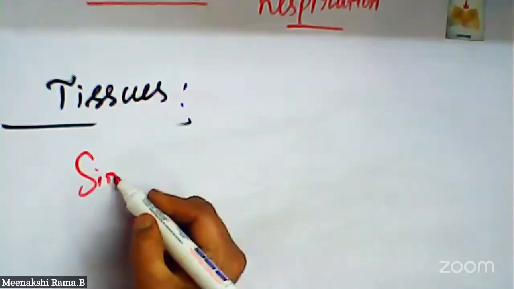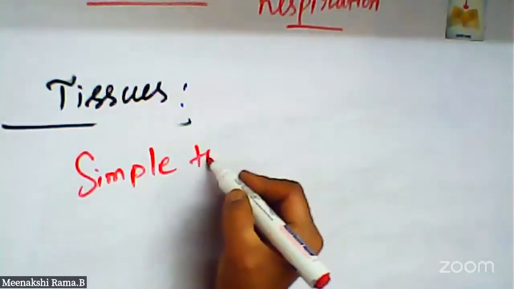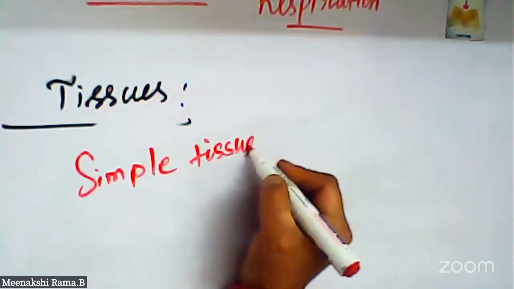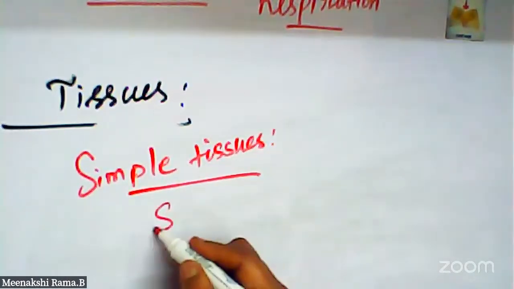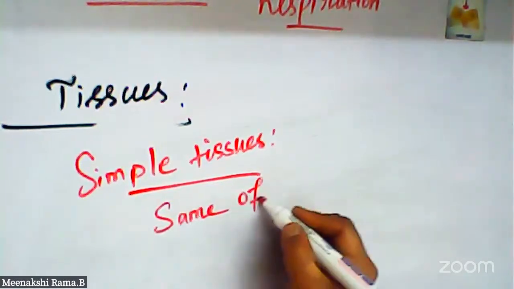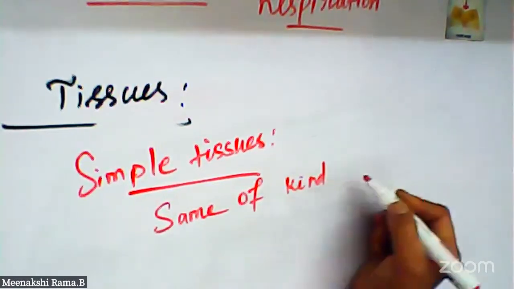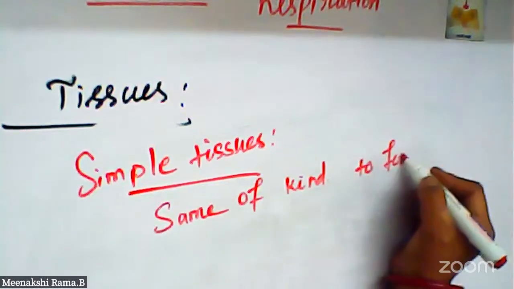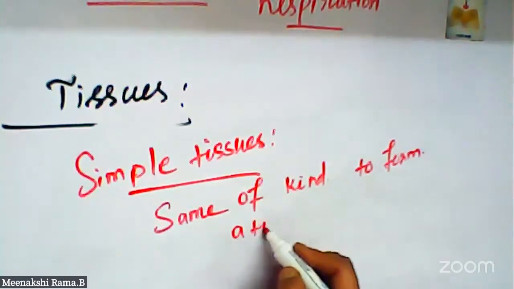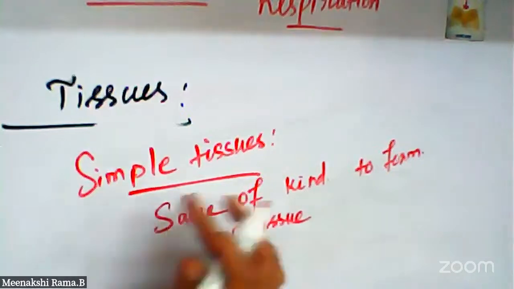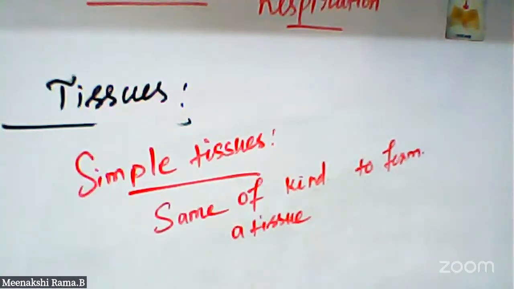Simple tissues means the same kind of cells join to form a tissue. That tissue is called a simple tissue.